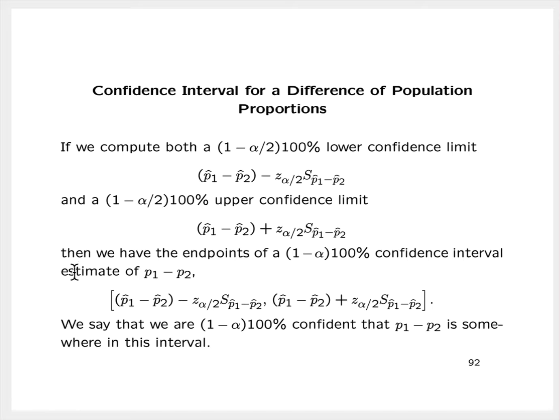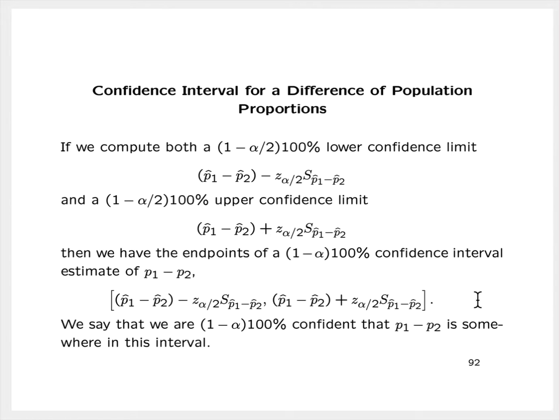And that is also given right here. And so we say then at that point that we are 1 minus alpha times 100% confident that P1 minus P2 is somewhere in this interval. So that's how we construct a lower confidence limit, an upper confidence limit, as well as a two-sided confidence interval at a given level of confidence.